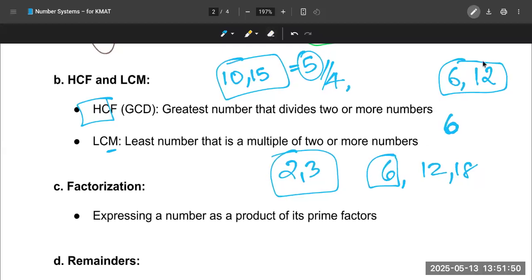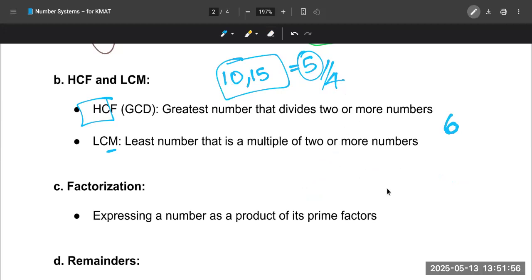So there is actually a way to find out the LCM. What is the LCM of 10 and 15?